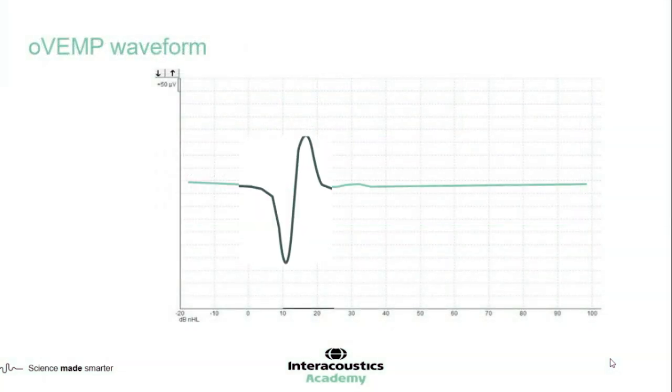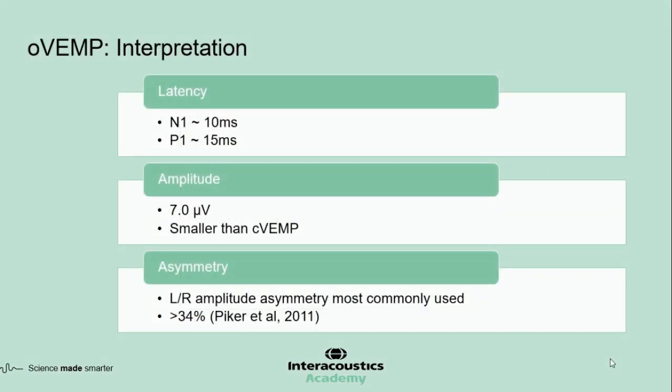In an oVEMP waveform, you'll see that it looks a little bit different. We've got this movement down and up. So this is the excitatory part. The N1 is now usually around 10 milliseconds, and that's the muscle actually being activated, and the P1 is it then relaxing back into its normal position at the end of the stimulus envelope. Again, we're looking at latencies that are incredibly short in milliseconds, but long when we compare them to auditory latencies.